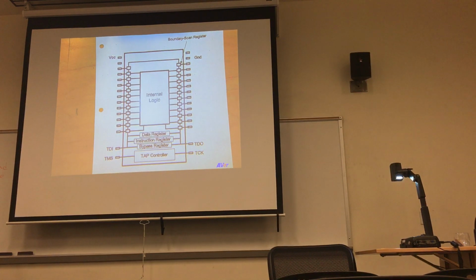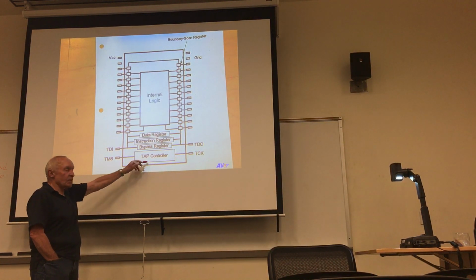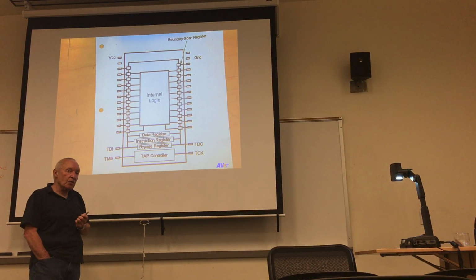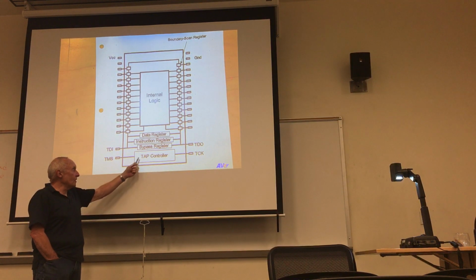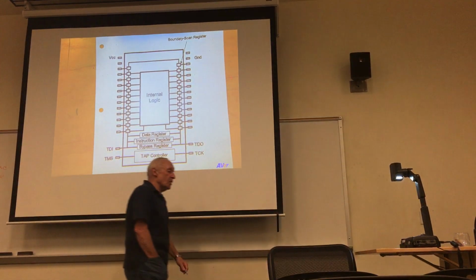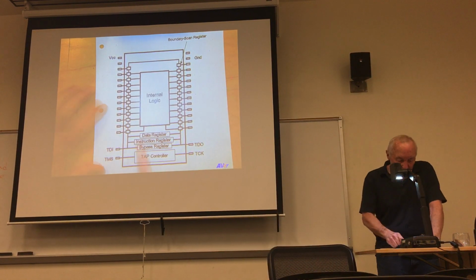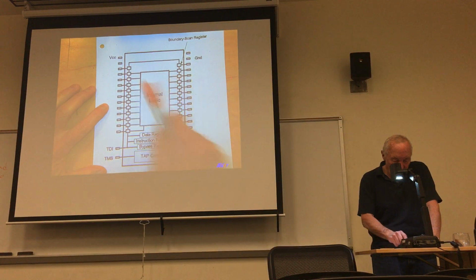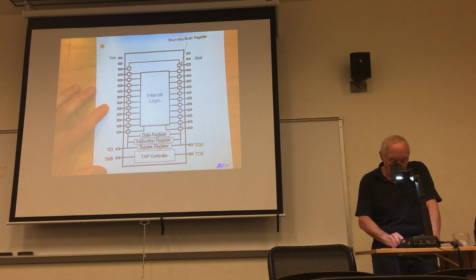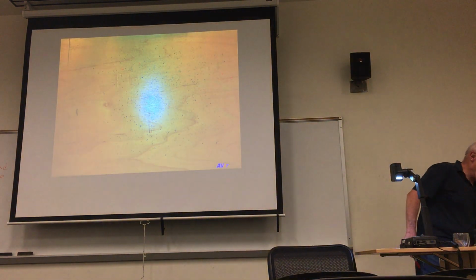And you have to add some additional circuitry: a data register, an instruction register, a bypass register, and something called a TAP controller, TAP standing for Test Access Port. So each input pin and output pin is going to have one of these boundary scan registers between the pin and the logic.